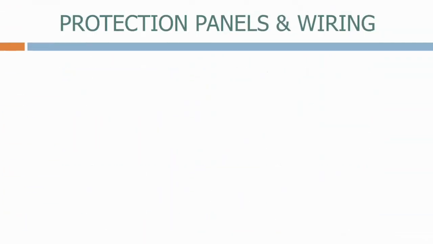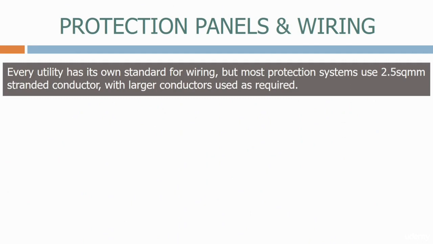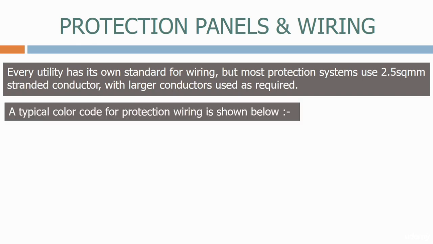Every utility has its own standard for wiring, but most protection systems use 2.5 square millimeter stranded conductor, with larger conductors used as required. A typical color code for protection wiring is shown below.